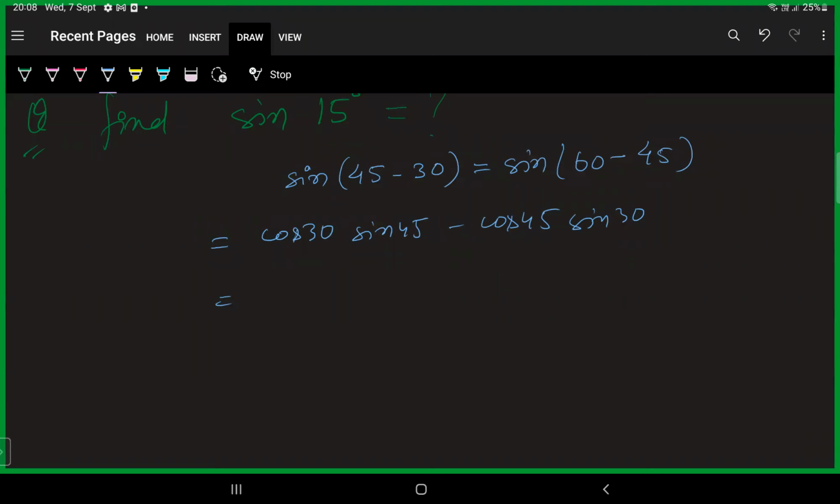Root 3 by 2, sir. First thing you should understand, cos is never greater than 1. It is never less than minus 1. So when you are saying 2 by 3, 3 is smaller than 2, so the ratio will always be greater than 1. So it is not possible. So cos 30 is root 3 by 2.